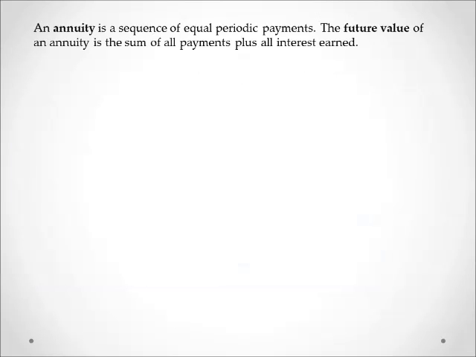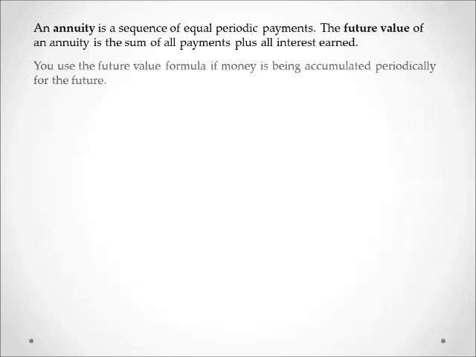Okay, there's a formula that we'll use for this instead of having to do this all out every single time. So to begin with, an annuity is a sequence of equal periodic payments. And the future value of an annuity is the sum of all the payments plus all the interest earned.